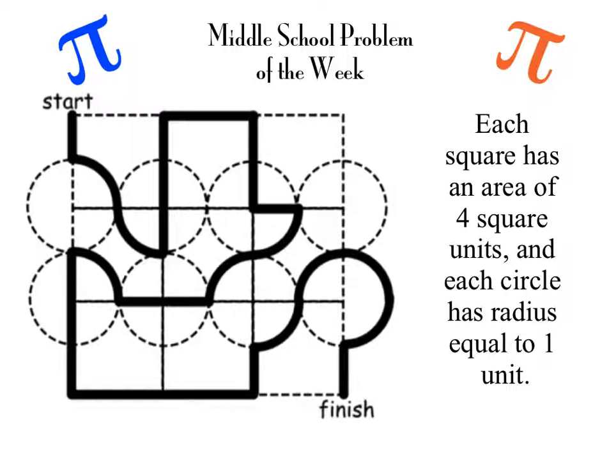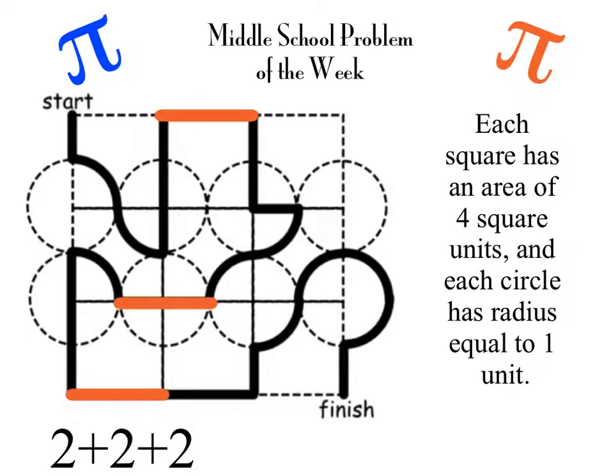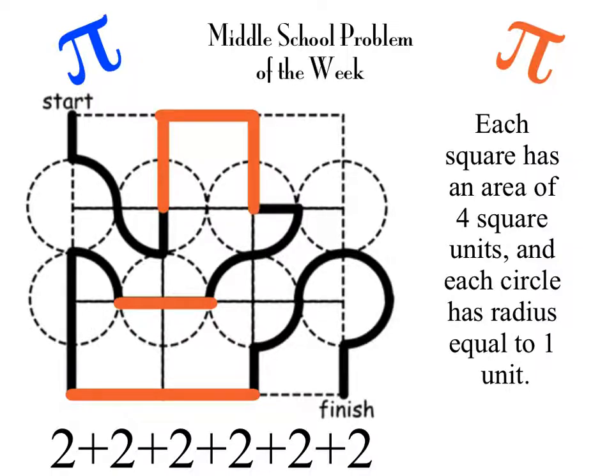So let's count up the number of segments which are 2 units long because they represent sides of squares. Here's 1, 2, 3, 4, 5, 6, 7 segments which are each 2 units long.